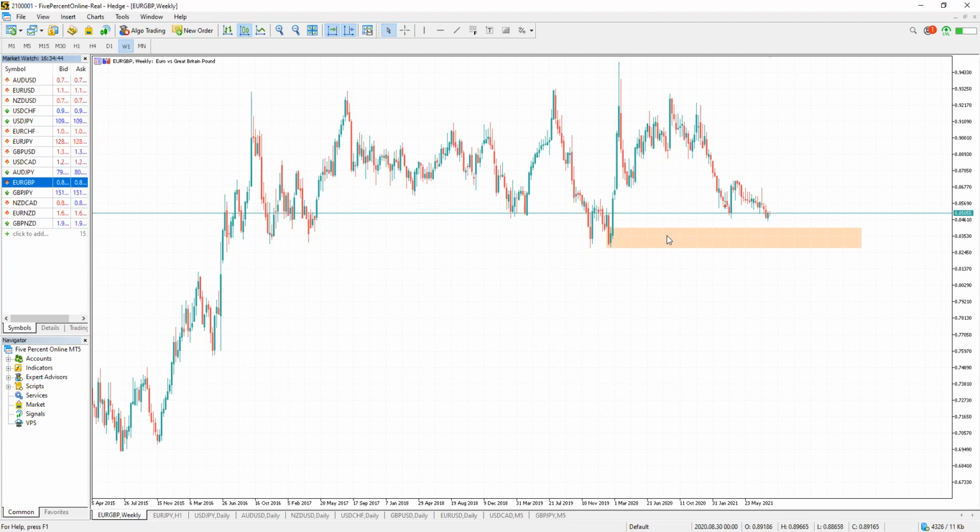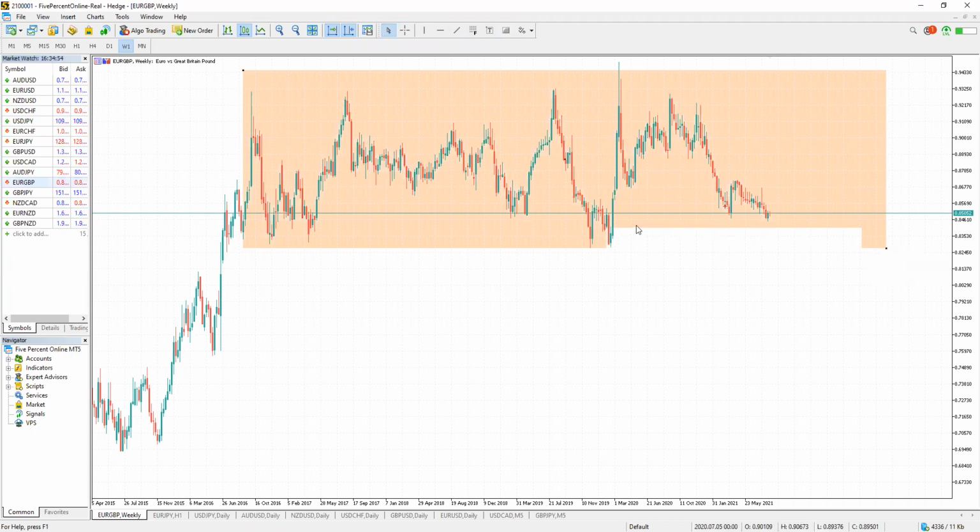Euro pound and Euro USD, they're very balanced pairs. So if you look at the big picture, this is the weeklies, of course. There's a lot of transaction between the UK and the Euro and Europe. So there's a lot of interest in maintaining the exchange rate balanced.